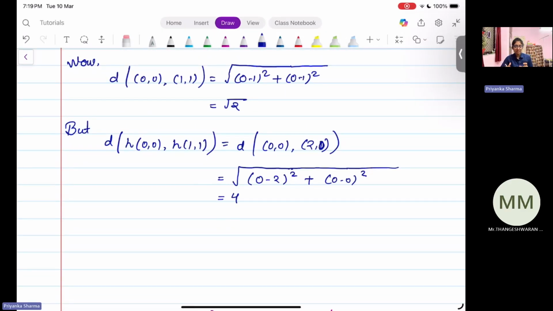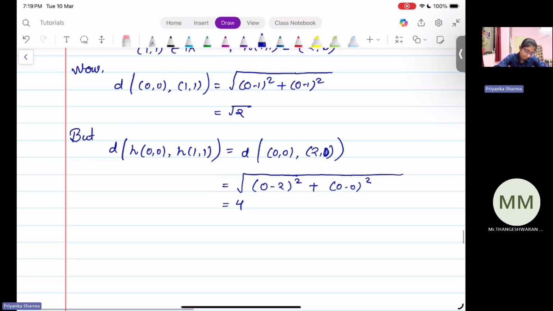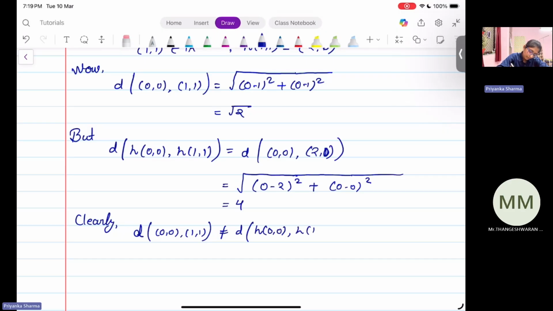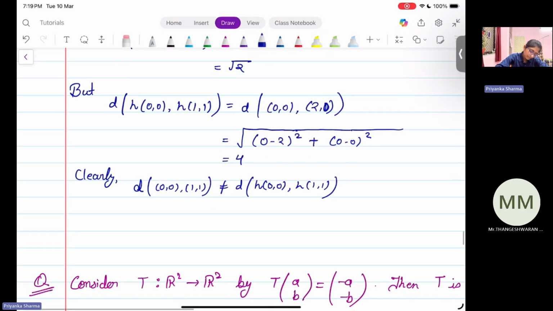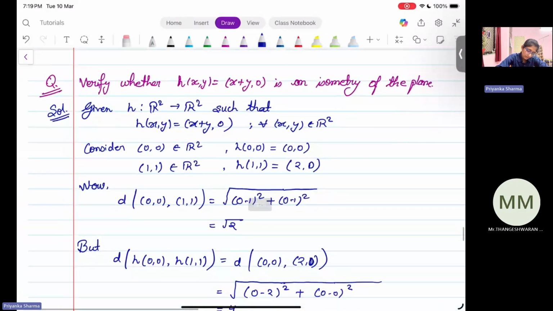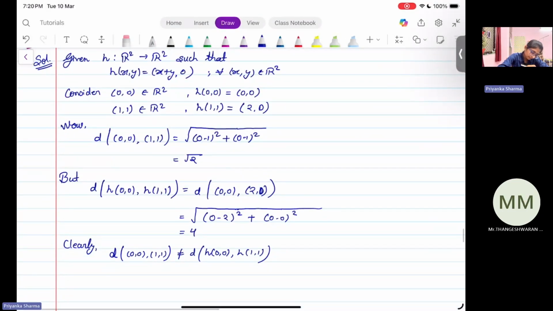We are taking the positive sign because d is a distance and distances are positive. Okay. So we can see that the distance between (0, 0) and (1, 1) is not the same as the distance between H(0, 0) and H(1, 1). That is, the map H is not distance preserving.